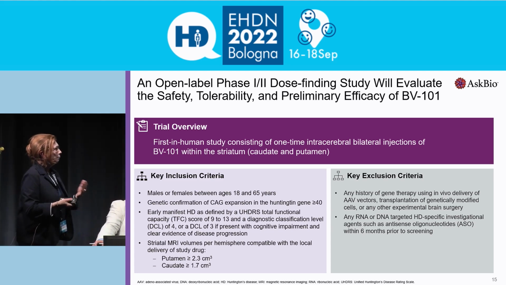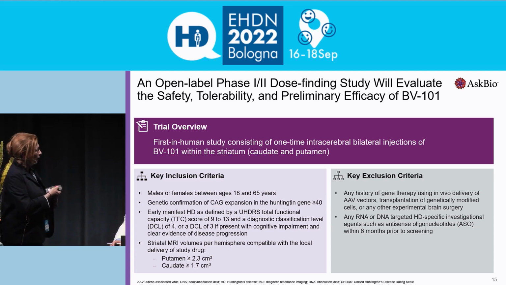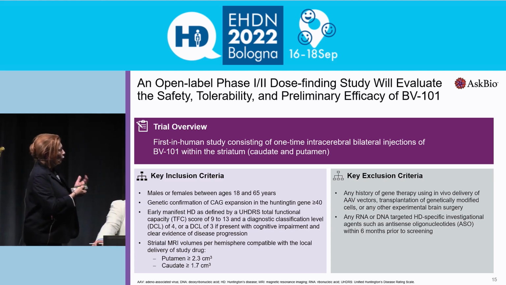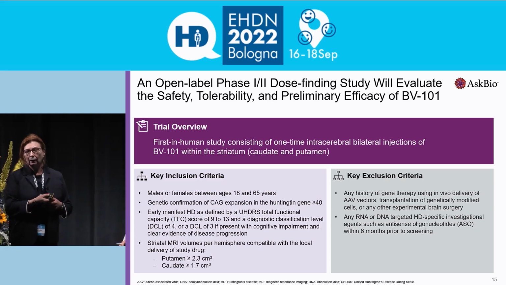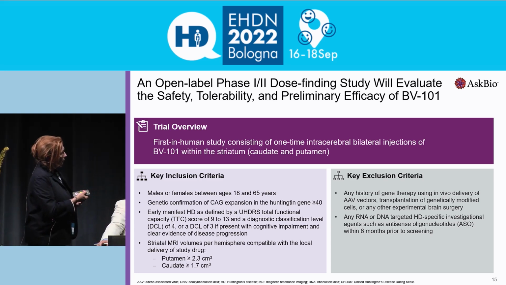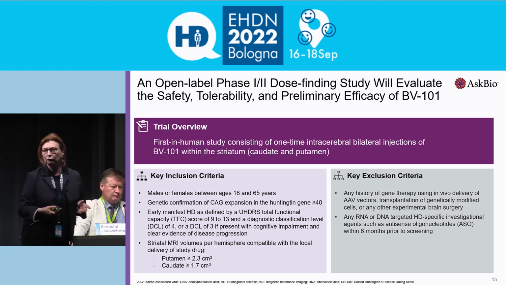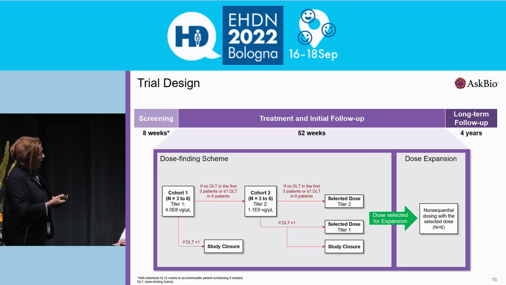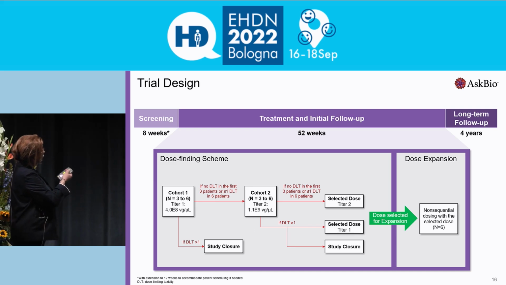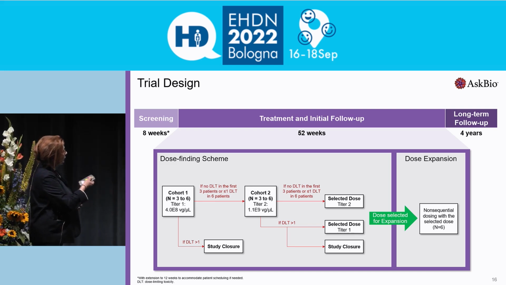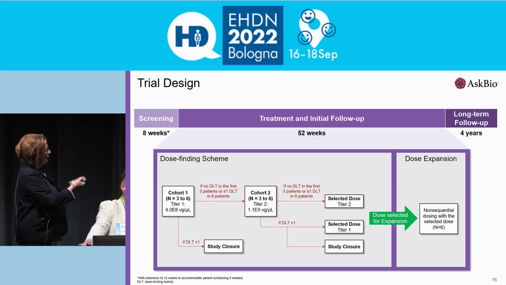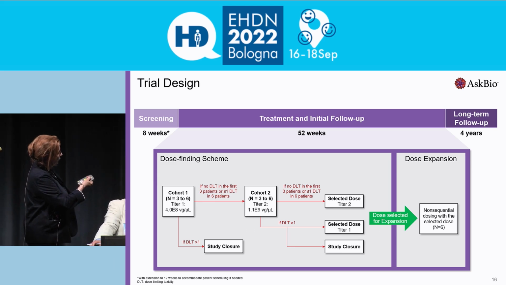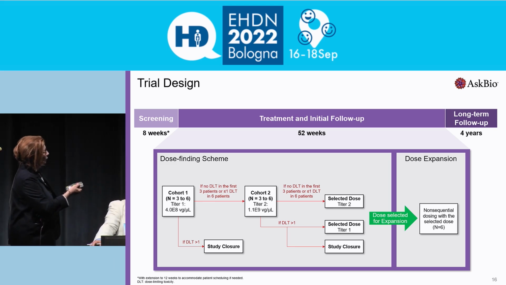And as exclusion criteria, I will just mention no history, of course, of gene therapy before, and no ASO delivery within the 6 months before this gene therapy trial. So it's 3 steps: screening 8 weeks, first follow-up 52 weeks, and long-term follow-up 4 years.